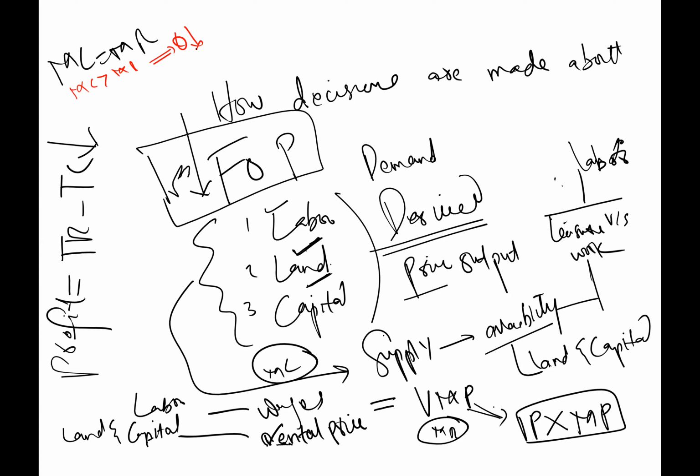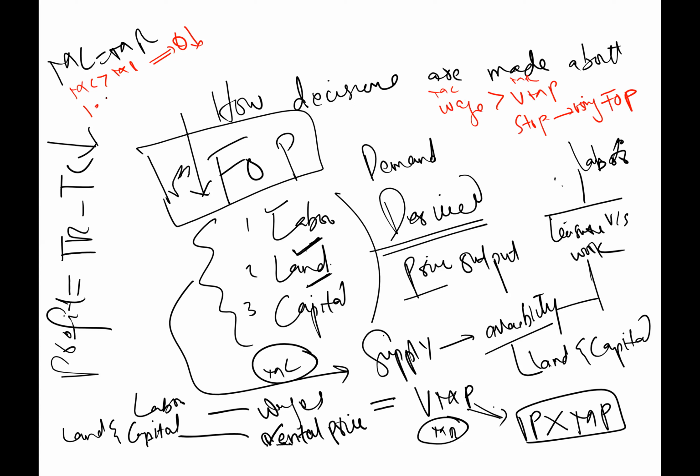So in this case, if wages are greater than the value of marginal product, in that case, stop using the FOP, factor of production, because this is MC, this is MR.